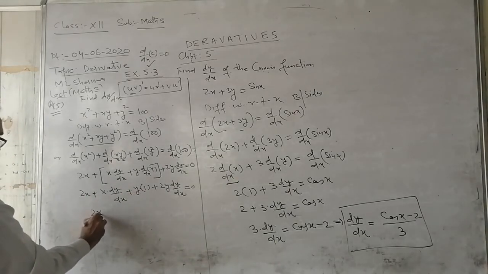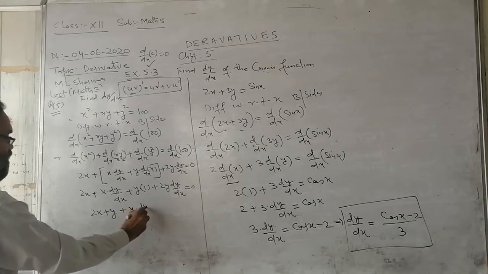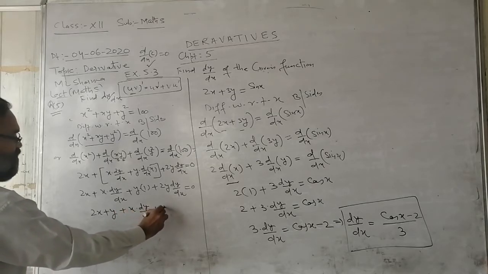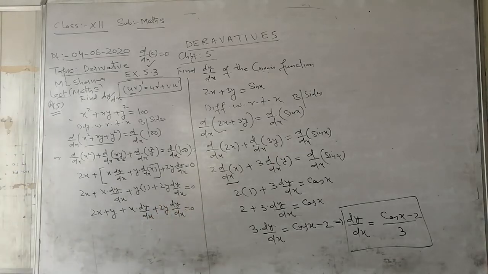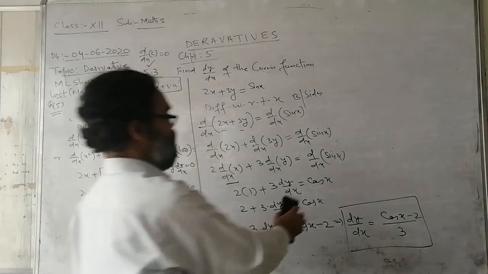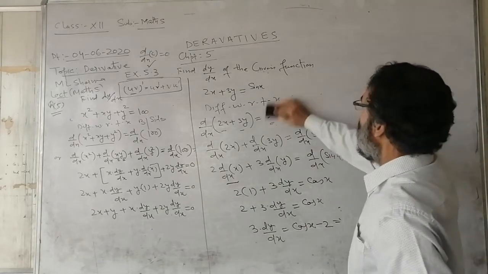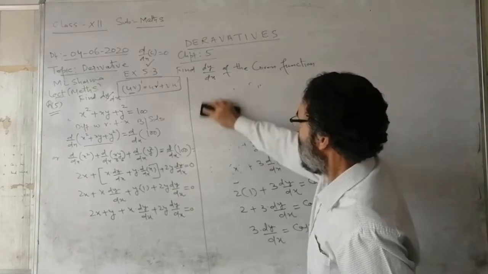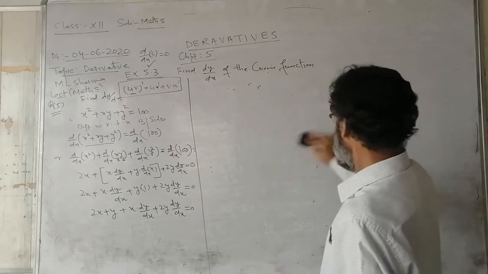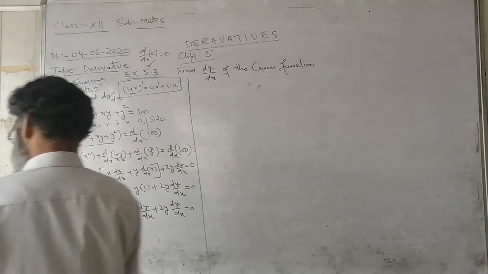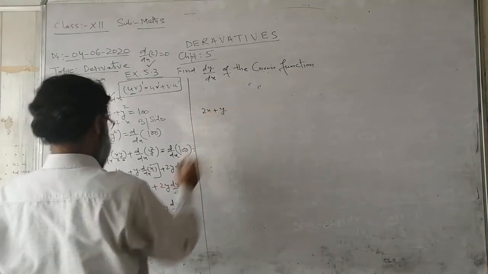I can combine these terms: 2x plus y, and x into dy upon dx plus 2y into dy upon dx equals 0.